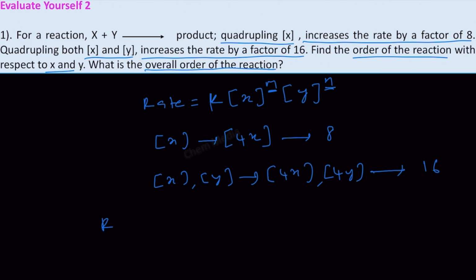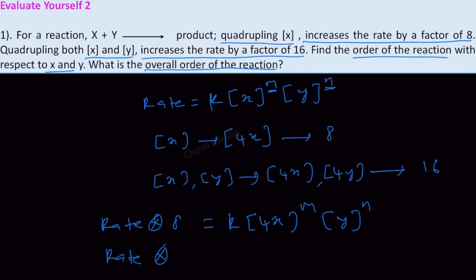One is rate times 8 is equal to k times 4x to the power m and y to the power n, and another is rate times 16 equal to k times 4x to the power m and 4y to the power n. But we need a third equation, otherwise we cannot solve two unknowns with two equations.